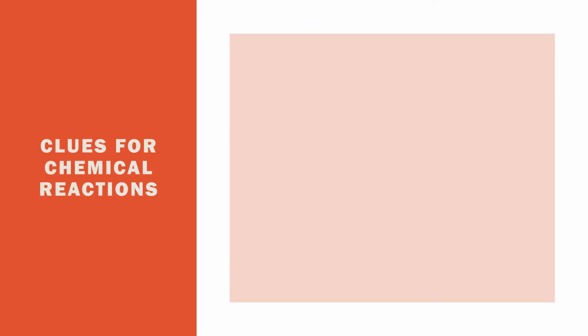Now, we use a few clues to tell whether or not a chemical reaction is occurring. I call them clues because they're not perfect, and we'll talk about why, but there's a handful of them. If you form a precipitate, that is the solid that forms as the result of a chemical reaction. So if you see a solid being formed, it's probably a chemical reaction.